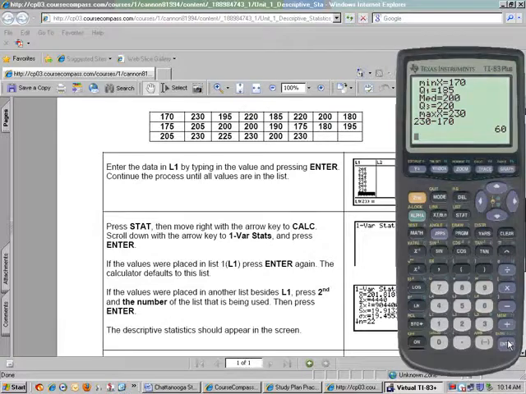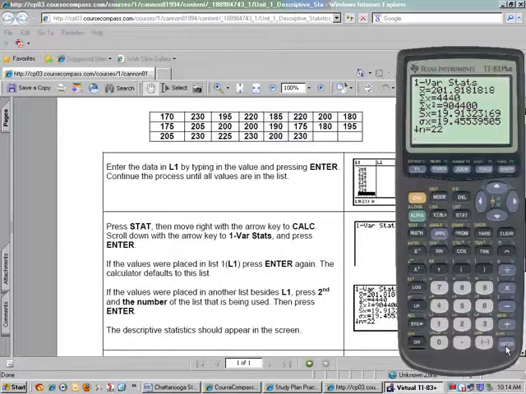Okay, another measurement is your variance. And I'm going to push Stat, move over to Calculate, push Enter twice. Okay, so I have my values. Now, the variance is the standard deviation squared. And let me go ahead and tell you, if they ask you to find the standard deviation, that is the one that says S of X. The reason is this is a sample standard deviation.